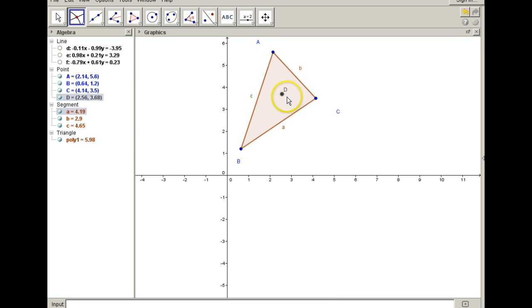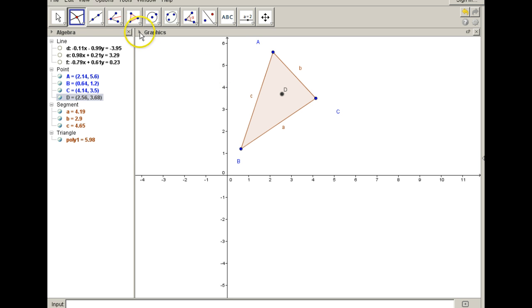So to draw a circle, we need to know a center. We also need to know what? A radius, a distance. So how far do we drag this circle? If I made a circle from here, D, how far out would I make the radius? Well, just enough to just barely touch this side. So how do I find that?